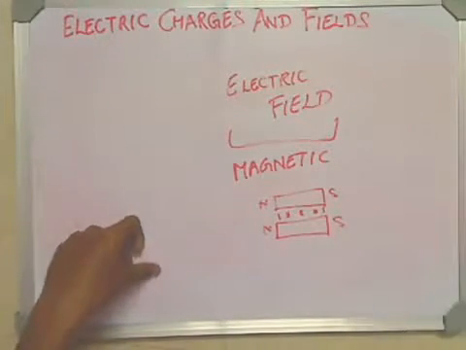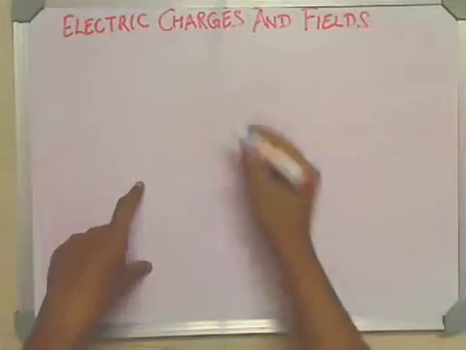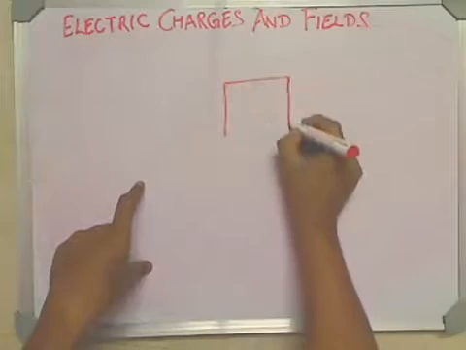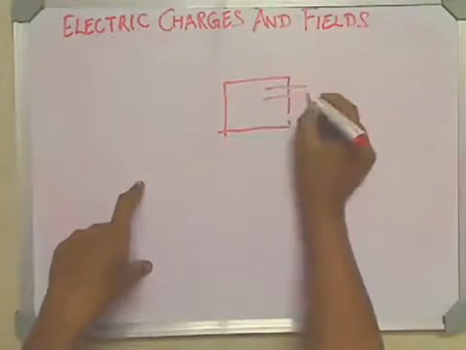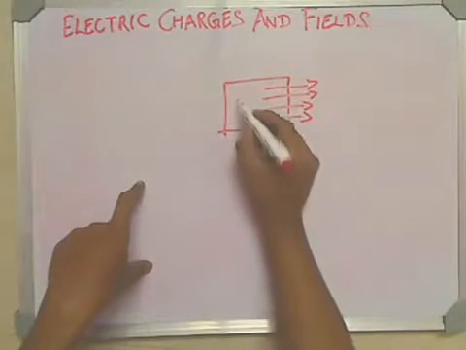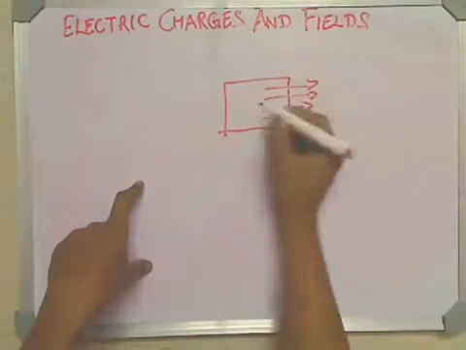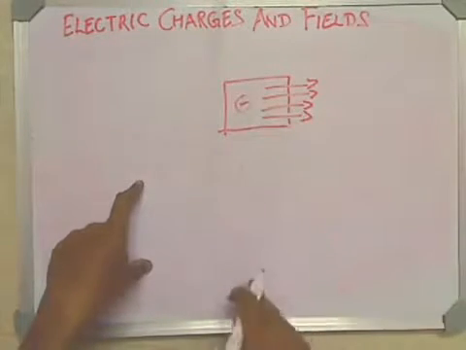Firstly, remember that the strength of an electric field is represented through these lines. The strength of an electric field depends on the strength of the charge here. Let's say I consider an electron here.